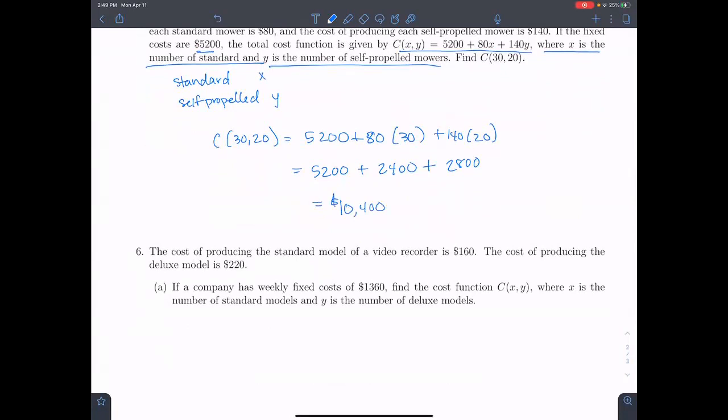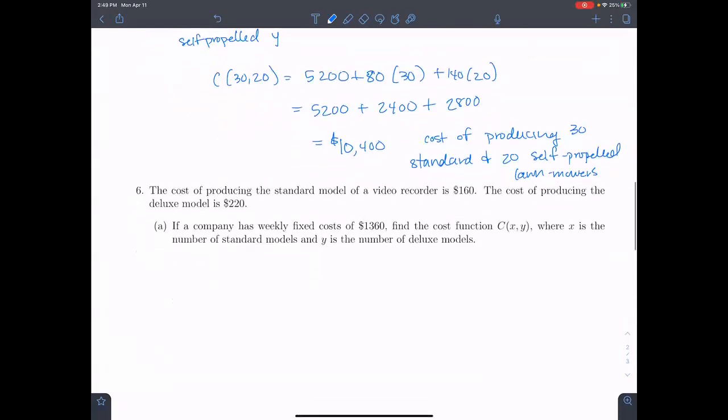So this is the cost of producing 30 standard and 20 self-propelled lawnmowers. So you can see how this translates to the real world a little better than single variable functions do.